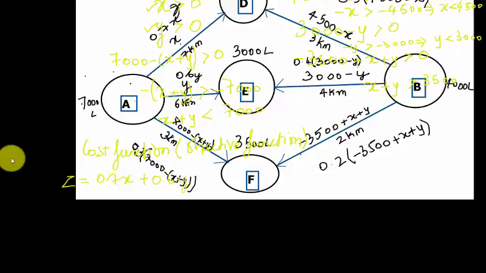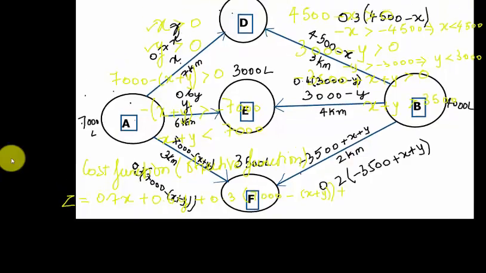And what about from A to F? The transportation cost is 0.3 into 7000 minus x plus y. Okay, plus, now from this side, what's the transportation cost here?